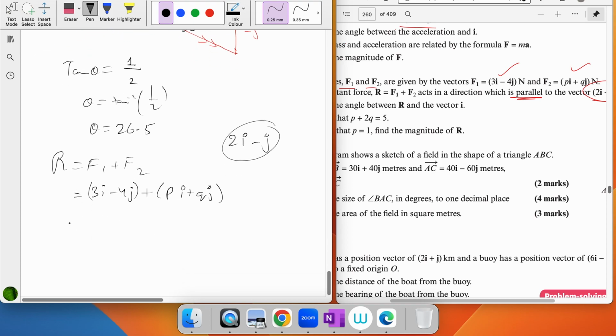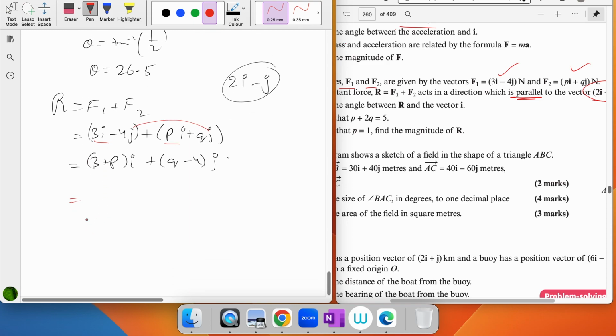Now see, if I solve for R, this is 3 plus p i and this is q minus 4 j. Do you get it? Just combine i with i and j with j. Just for ease, I'm writing it in column vector form.